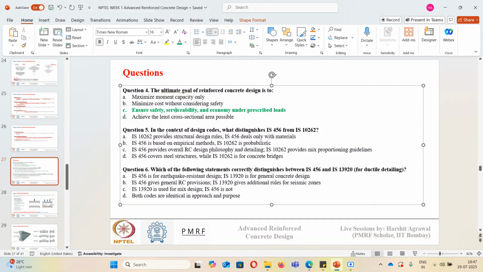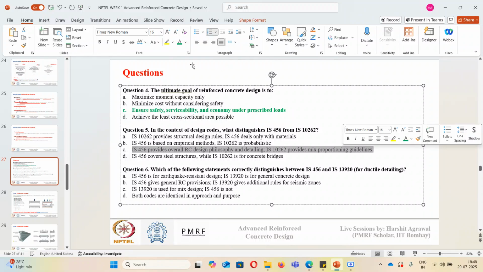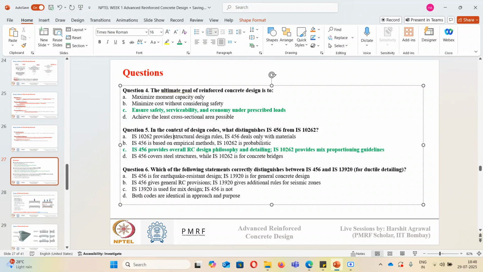Okay. Fifth question, in context of design codes, what distinguishes IS 456 from IS 10262? Okay, so again, the correct answer will be C for this. Okay. So IS 456 is the main code for reinforced concrete design.